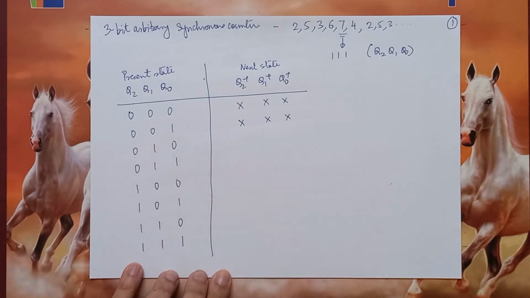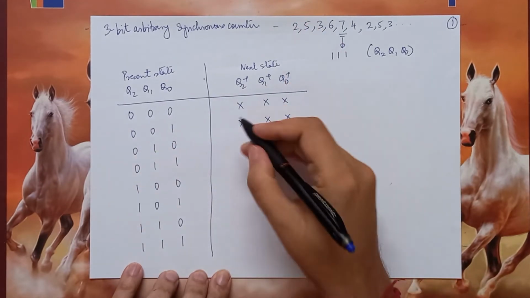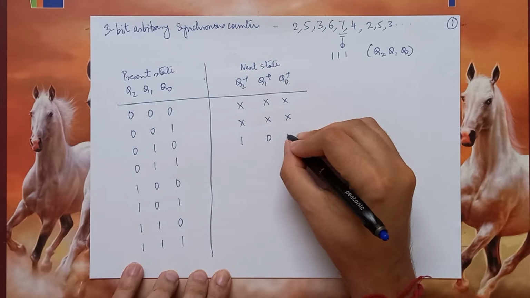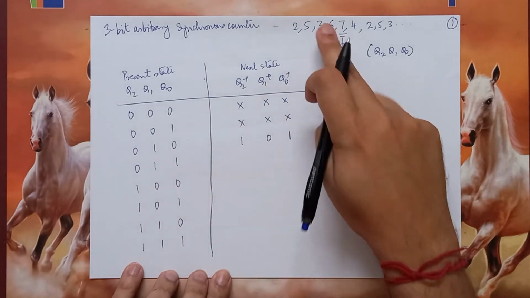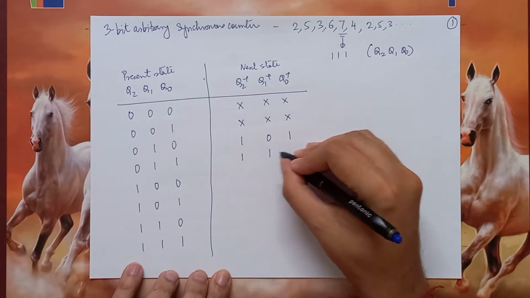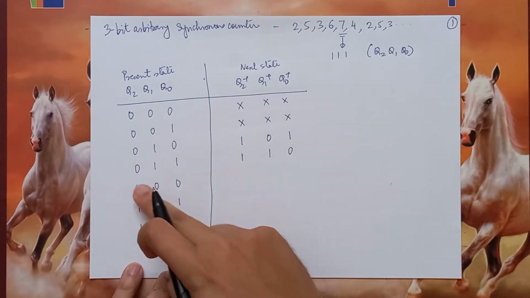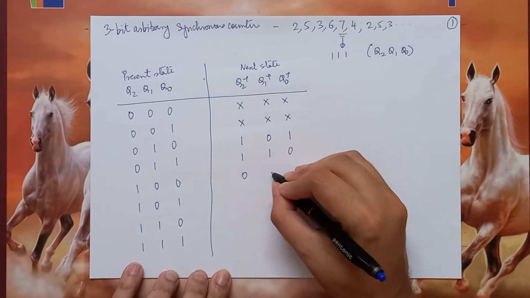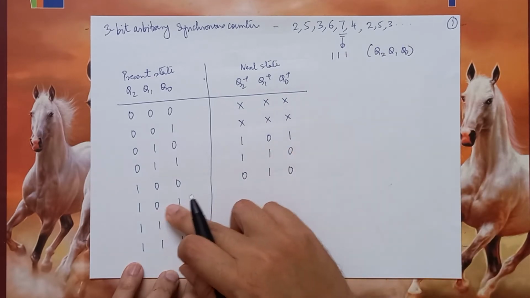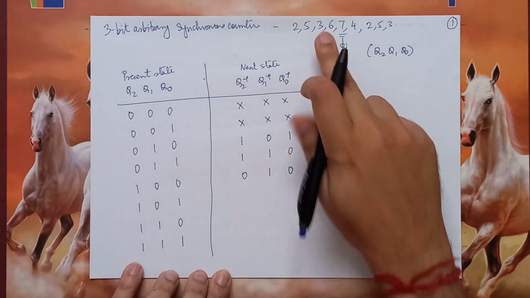When the present state is 2, the next state has to be 5. When the present state is 3, the next state has to be 6. When the present state is 4, the next state has to be 2. 5 means the next state has to be 3.